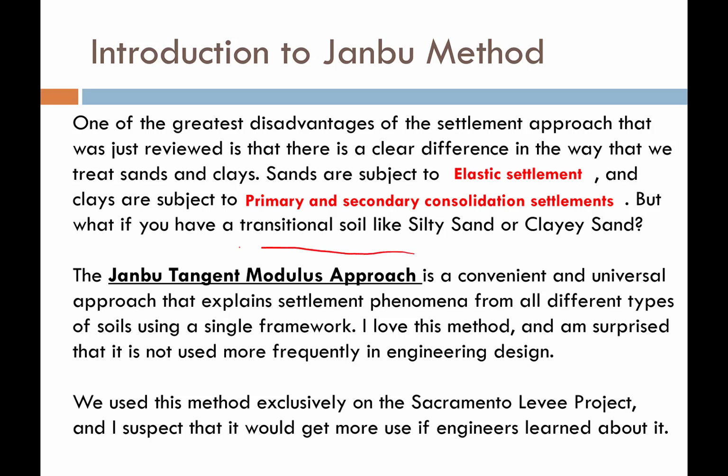So the Janbu tangent modulus approach is a convenient way that can handle all soils, whether it's clean sands, pure clay, a silty sand, a clayey sand, and everything in between.